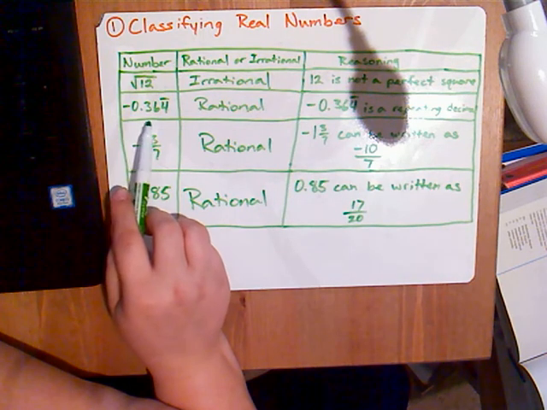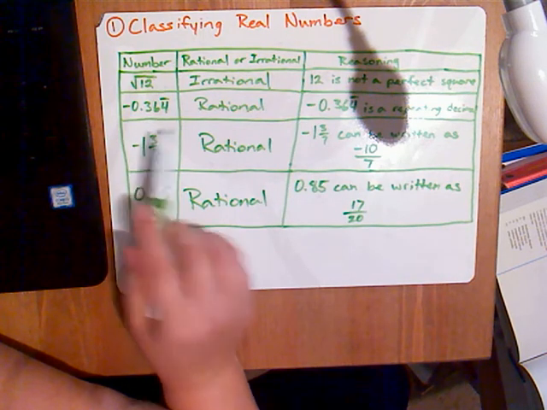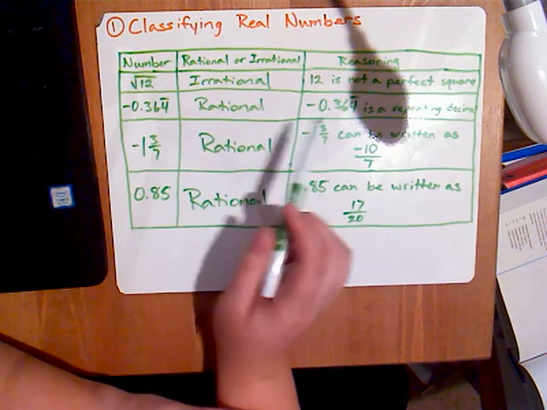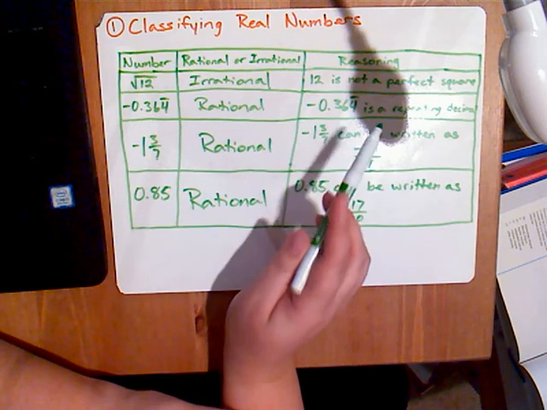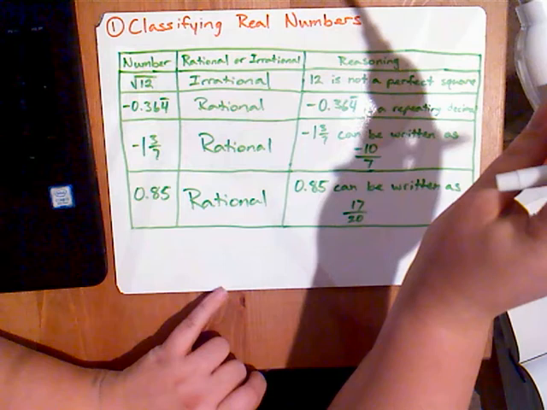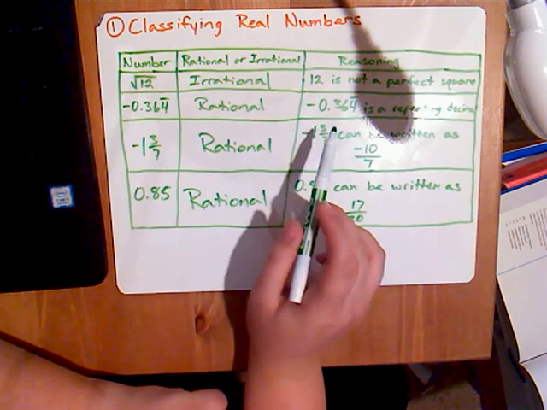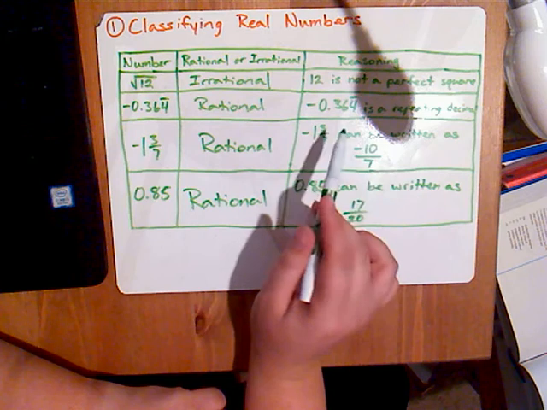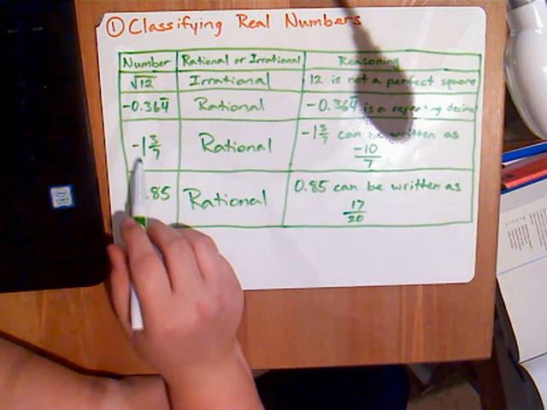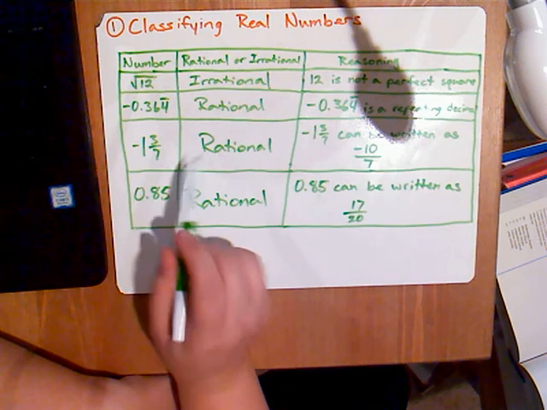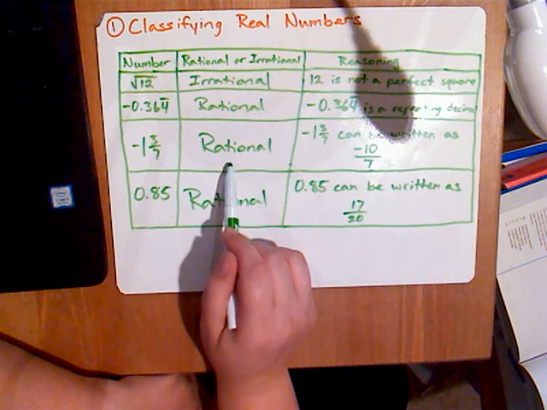Negative 0.364 with the 4 repeating, that is a rational number because it is a repeating decimal. Okay, so if you've got that repeating sign, you have a repeating decimal, and those are rational. Negative 1 3/7, that is a rational number.